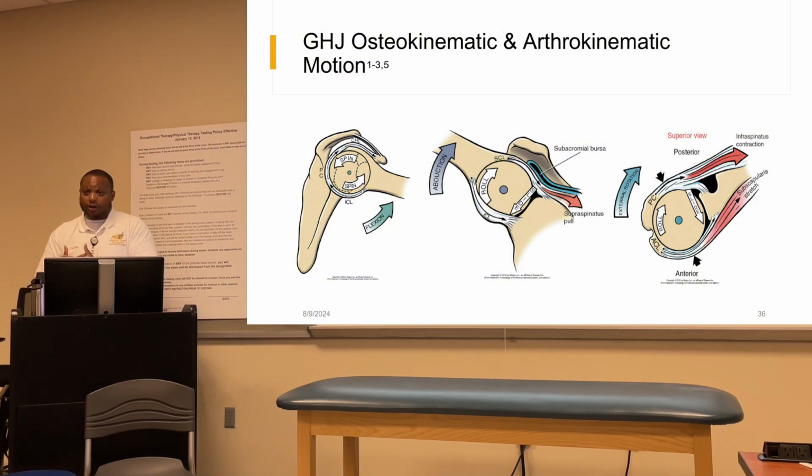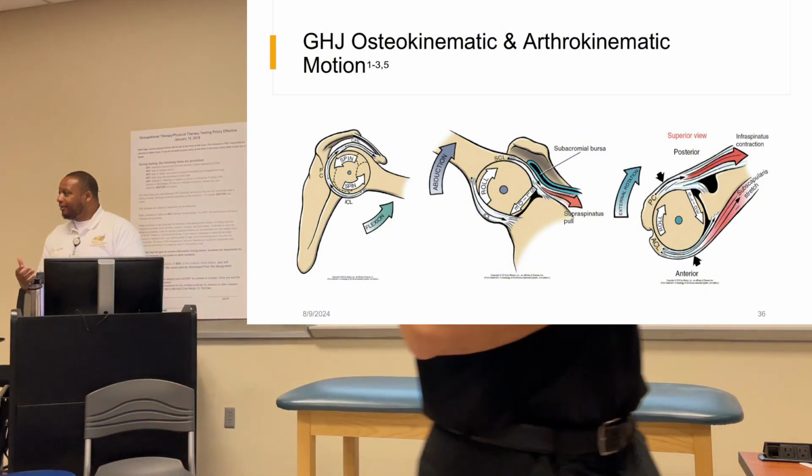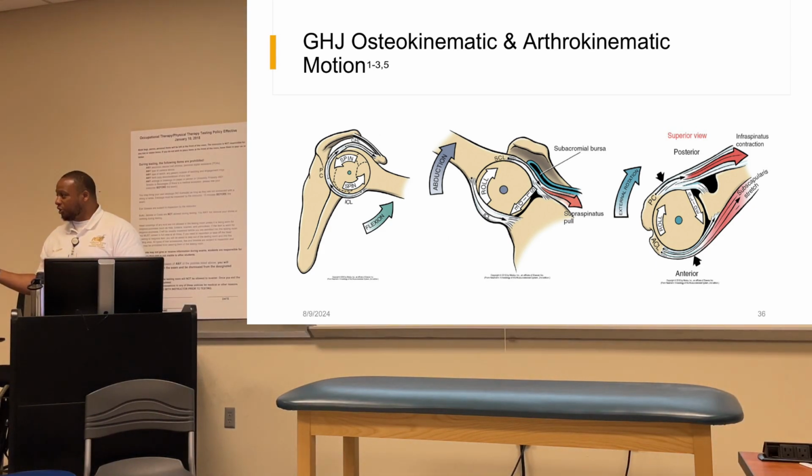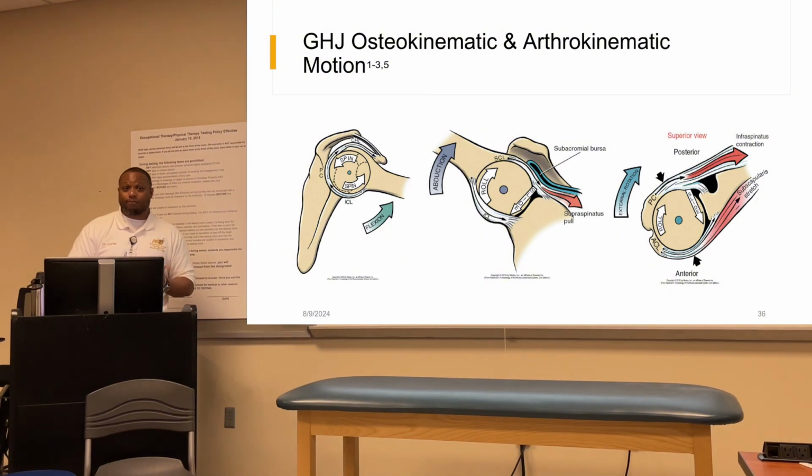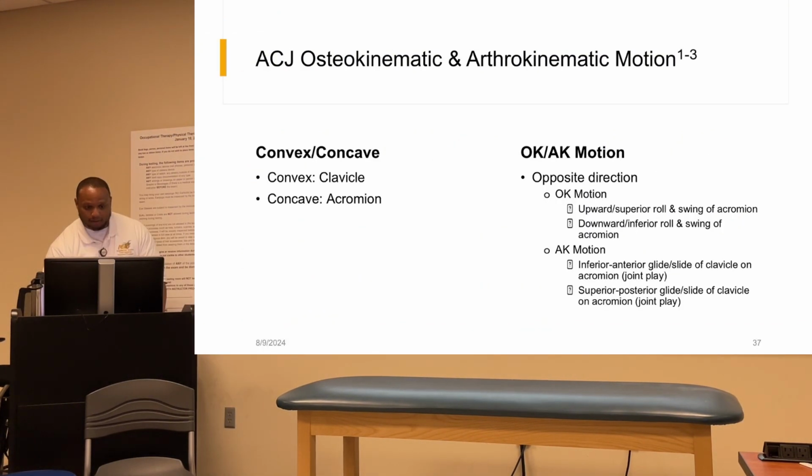So if the humeral head is not gliding anterior like it should, or the anterior joint capsule is taut and restricting the humeral head from gliding anterior like it should, then that person could present with a decreased external rotation active range of motion. So now you need to know how to assess component motion, all right?